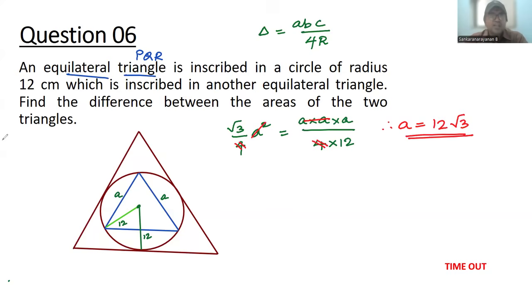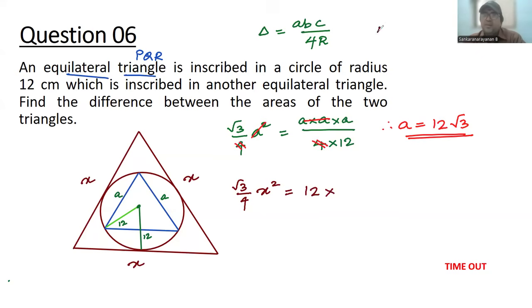Okay. Now let us look at the larger equilateral triangle, the bigger one. Let me say the side is equal to x units. For that larger equilateral triangle, the circle that you consider there is the incircle. So the area, root 3 by 4 x square, is equal to the inradius times the semi-perimeter.